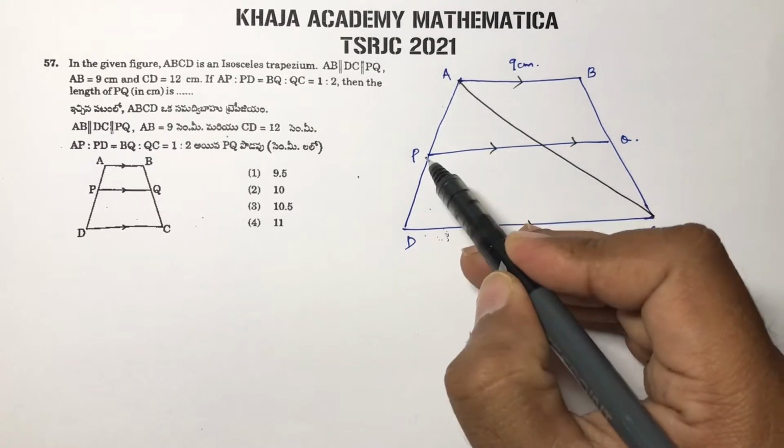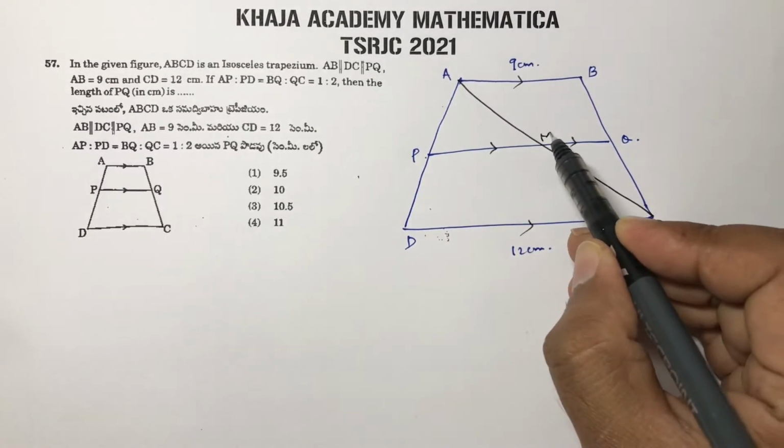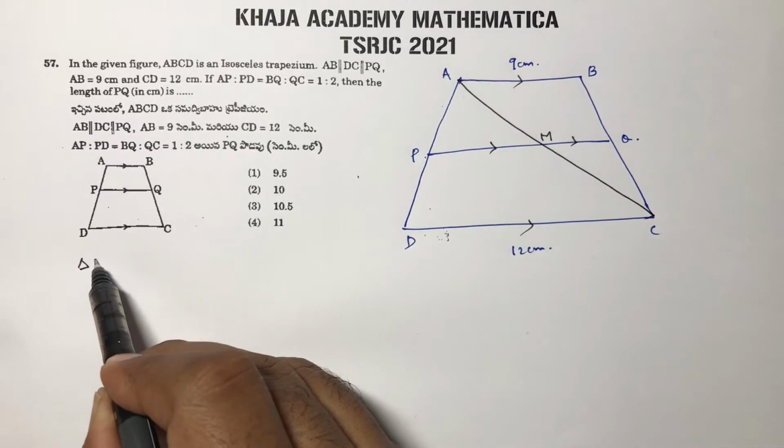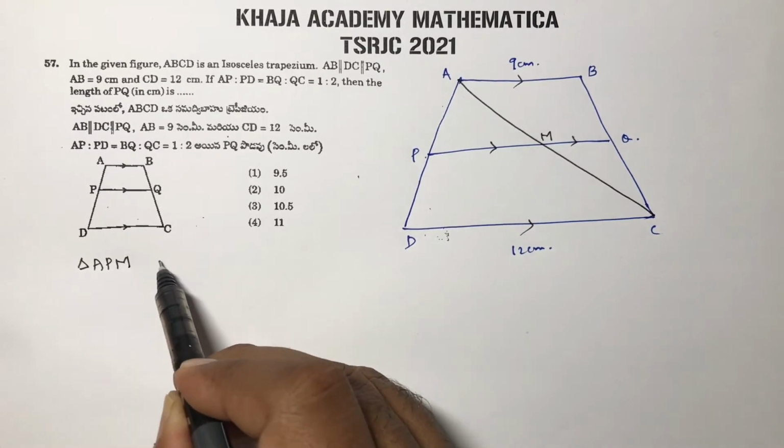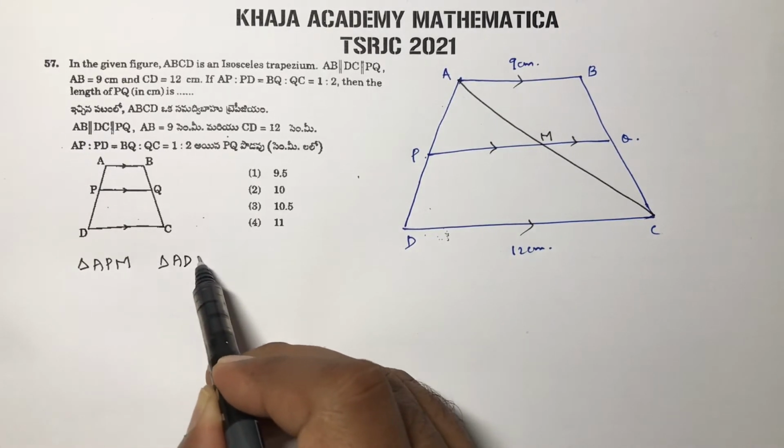Now what we'll do is simple. Let's start from here, AP, mark this point as M. Triangle APM and triangle ADC.